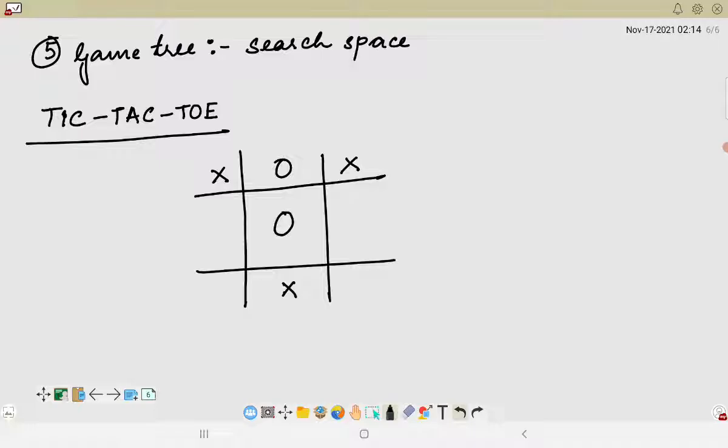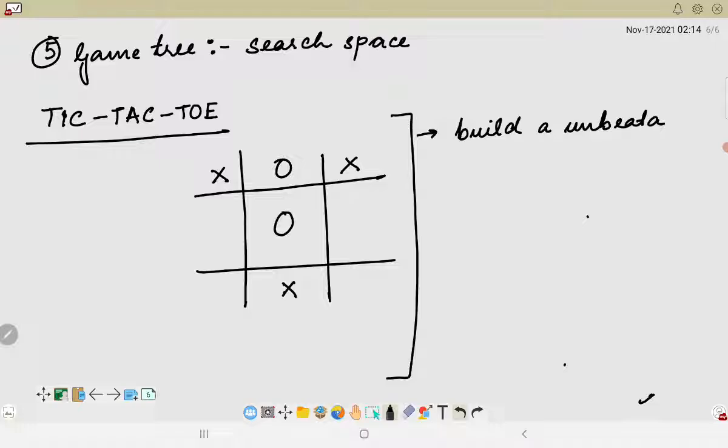And the possible application in AI here is that we have to build an unbeatable game of tic-tac-toe. This is basically our objective, or the primary motive of incorporating AI into the game, or introducing game playing strategy.